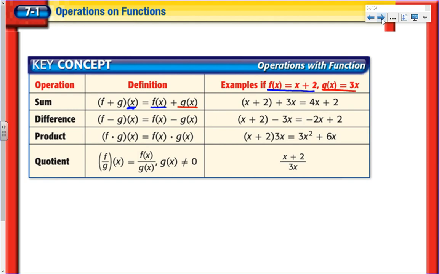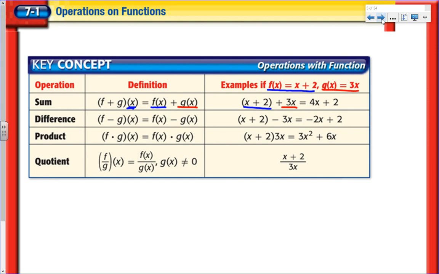G is 3x, and then the parentheses here hold no purpose. So they're going to take x plus 3x, that makes 4x, and then the 2 just tags along there. So they just took the f function plus the g function and put them together.